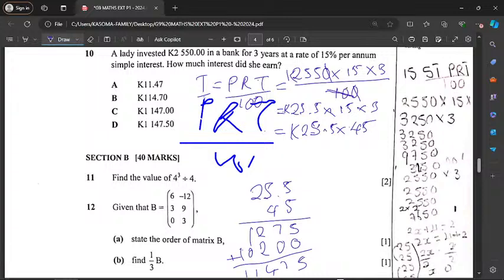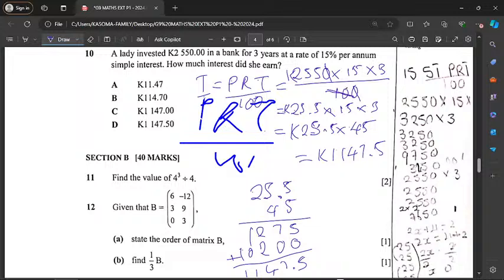So my answer is going to be, then remember there is a decimal point here which I ignored. There is one decimal place. That means my answer should also have one decimal place. Then I'm going to say is equal to, then kwacha sign, then 1, 1, 4, 7, then .5.